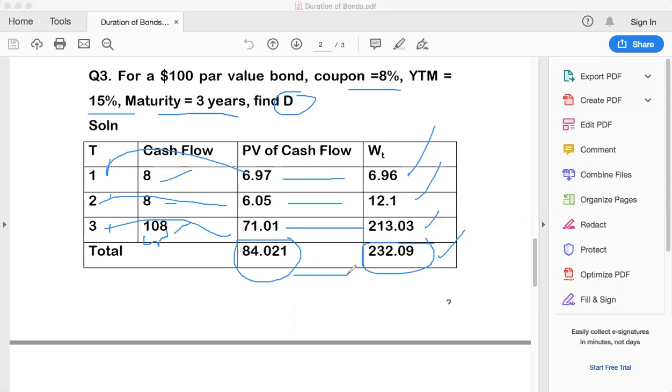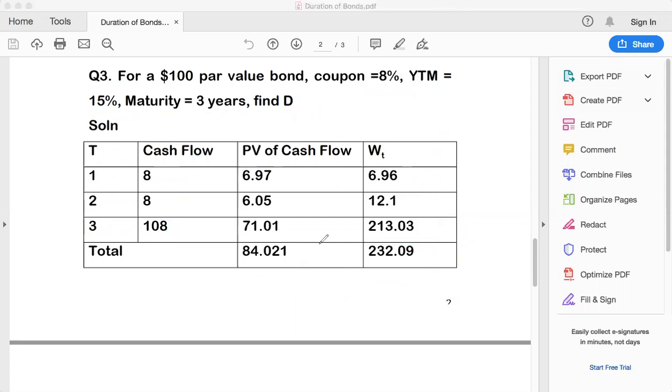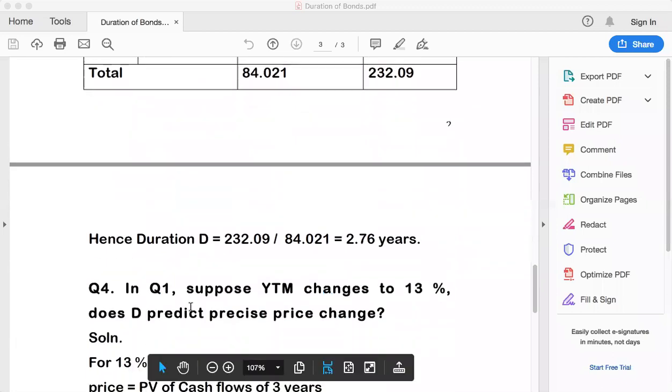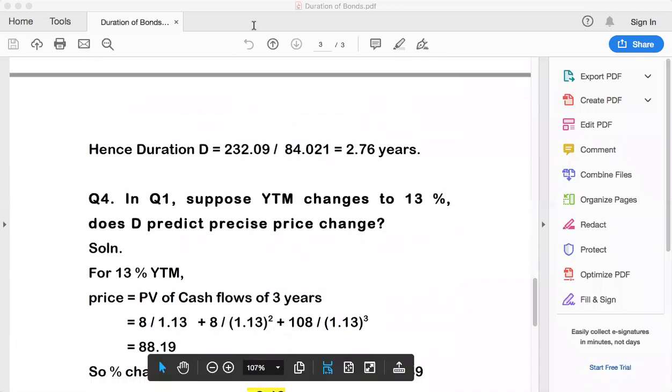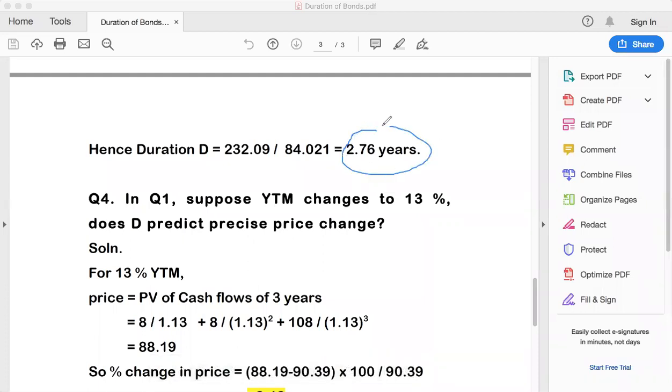So you can see there's a clear difference. When you give weights to the cash flows coming in every year, obviously the value becomes higher. And now what is your Macaulay's duration? Simple. You just divide the 232.09 by 84.021, and you get the Macaulay's duration, 2.76 years, right?